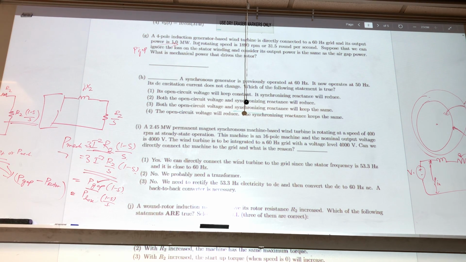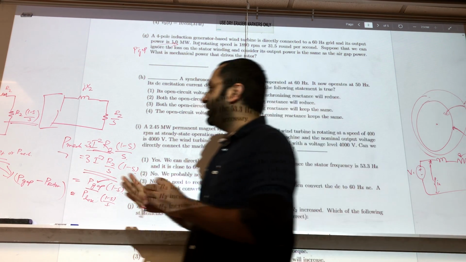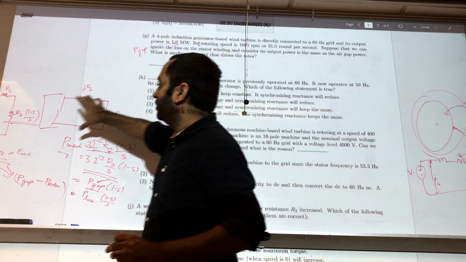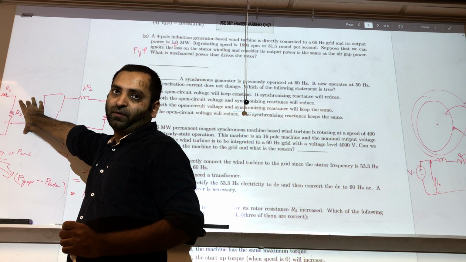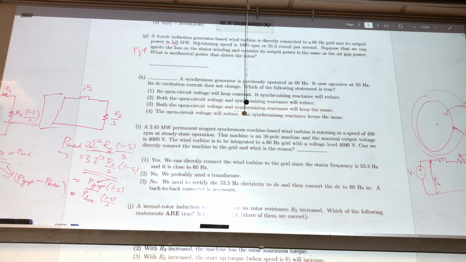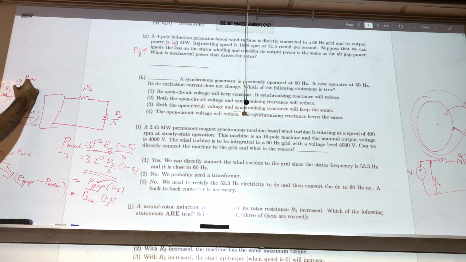Yeah. So this is the same thing. Our desired output is at this place, at the output, or at the mechanical power end. So to get the desired output, if we have the power here, which is P gap, and we subtract this power, which is P rotor or P loss, then only you'll be able to find the mechanical power.